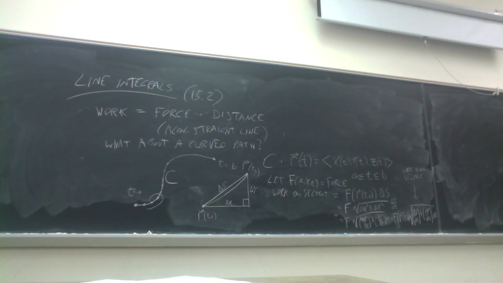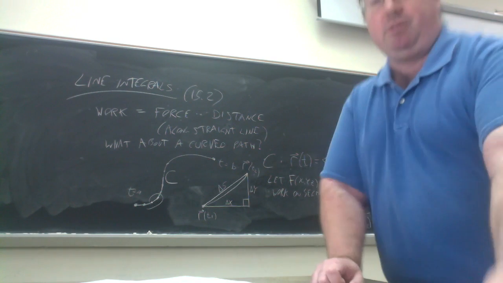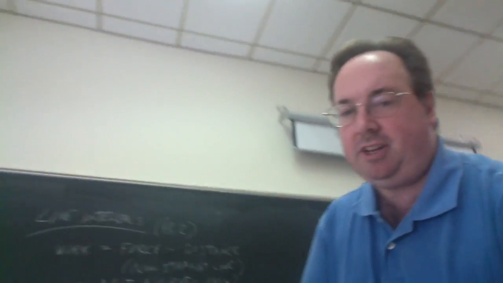So we get an integral. Because this is the work along an infinitely small, short segment, where that length is dt, and the integral has the effect of adding all of these up. So now I can give you an integral formula, the first of several we'll see in this chapter.